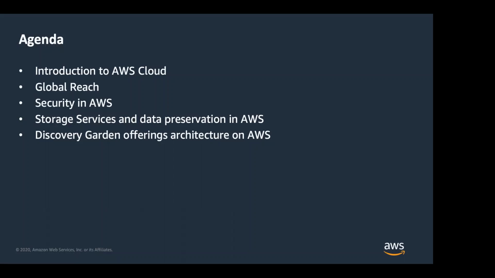I will also explain the global reach of the AWS infrastructure. This is more relevant to customers who might need a wider footprint than just, let's say, the Canadian geography, or they need their applications deployed or their data backed up to multiple geographies. So it helps to know what kind of AWS presence is available to that effect.